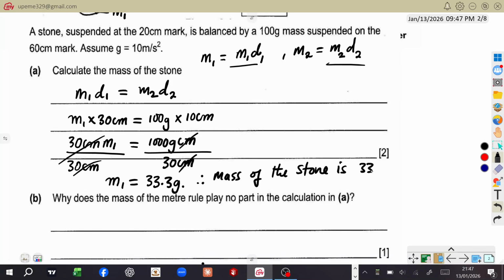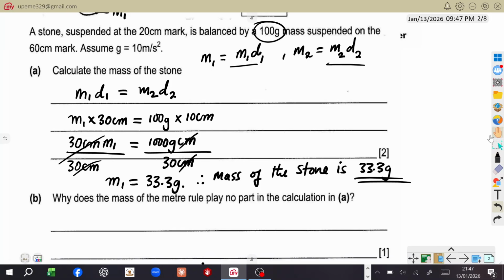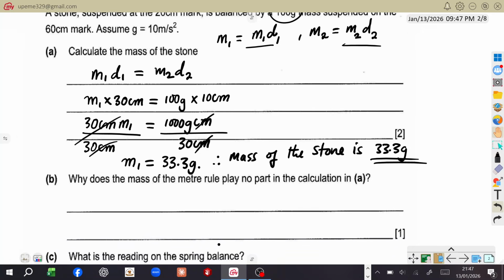If you want, just end at 33, but since this figure has 3 significant figures because it is a measured value, you put 0.3 grams there. That's how you handle it.